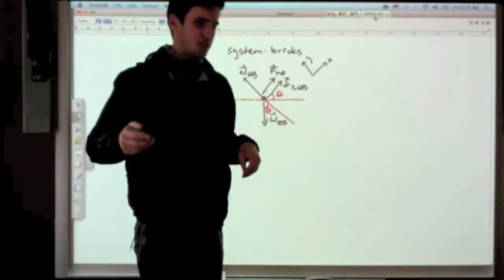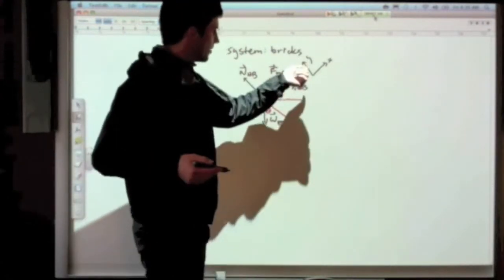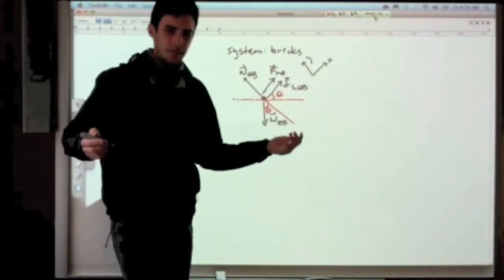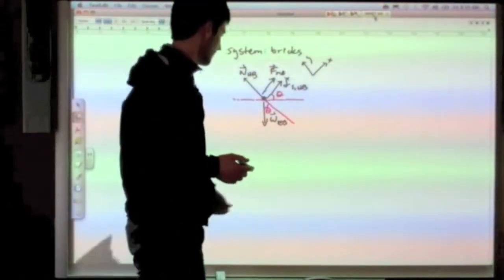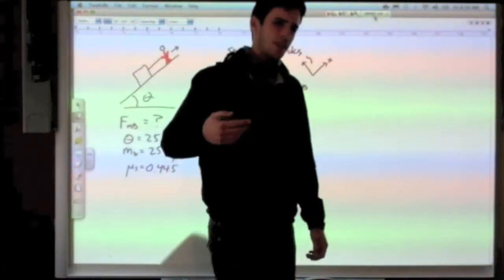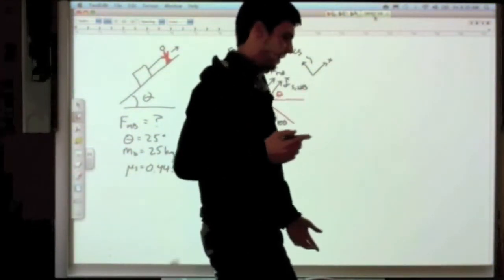So let's go ahead and generate two equations. I've chosen this set of axes to represent this scenario. Let's get the sum of forces in the x and the y direction.